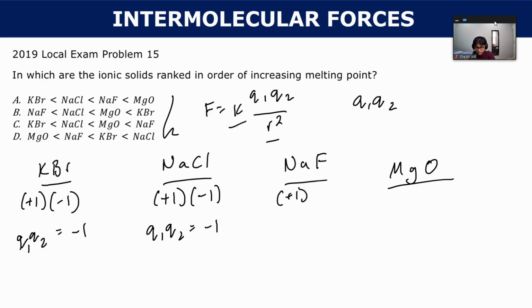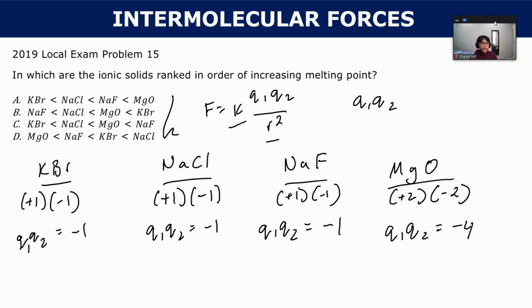NaF, +1 and then -1, and so Q1, Q2 is going to be -1. But then Mg has a +2 and oxygen has a -2. And so that means our Q1, Q2 value is going to be -4. And -4 is the greatest magnitude of all of these, meaning MgO is going to have the most intermolecular forces.